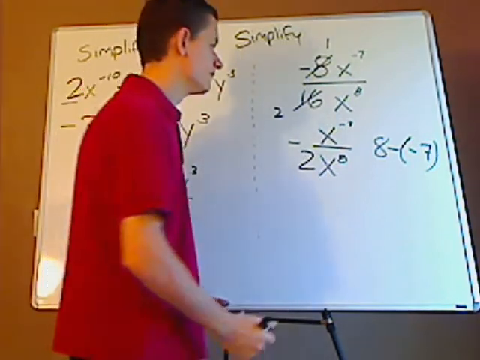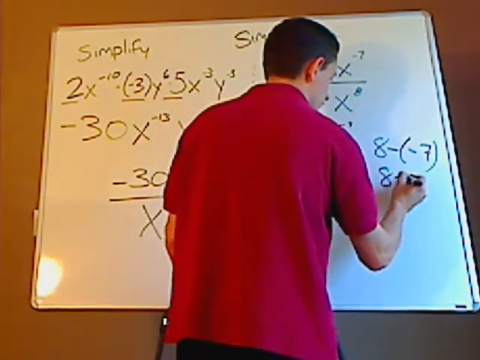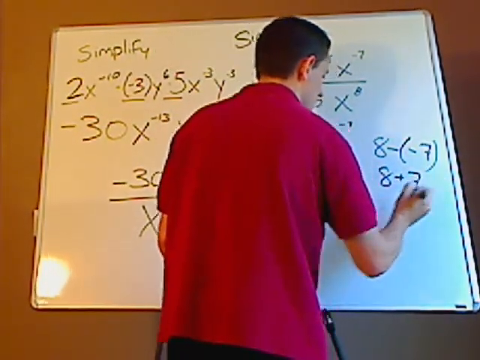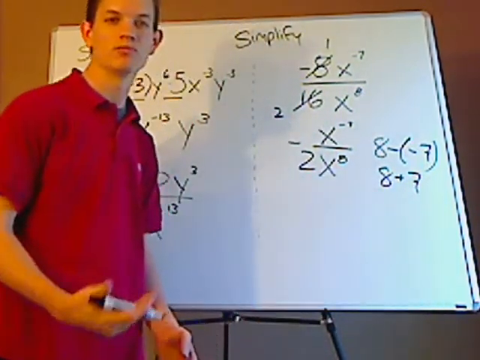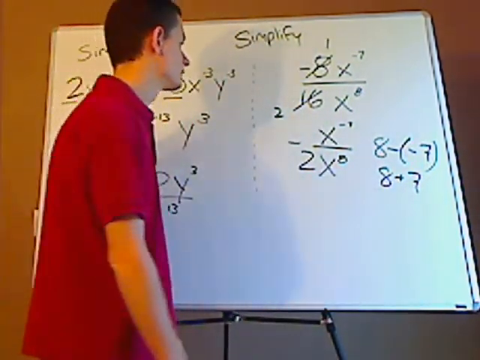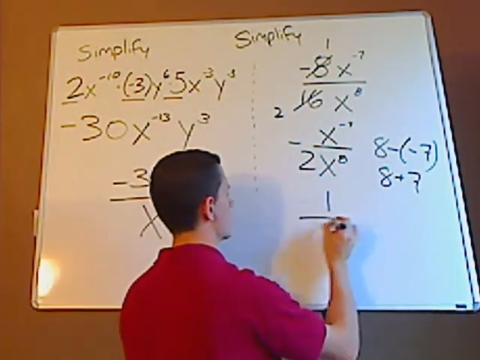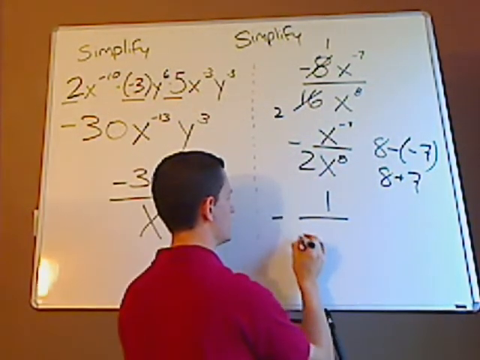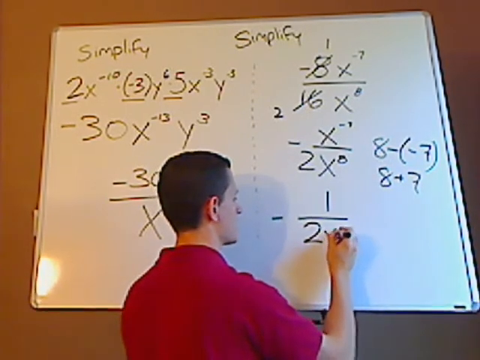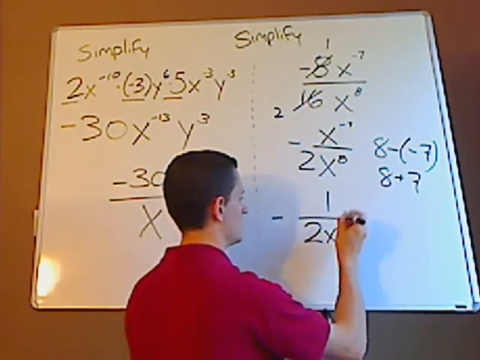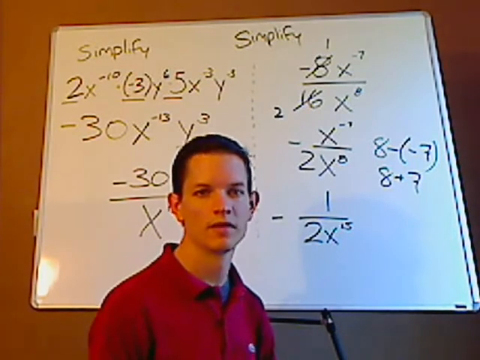And a double negative makes it a plus, so it's 8 plus 7. And what's 8 plus 7? Right, that's 15. So your final answer is going to be 1 over, this whole thing's going to be negative 2x to the 15th. That's it.